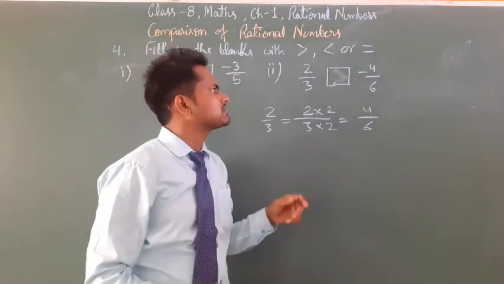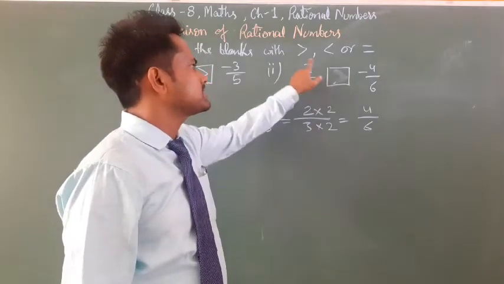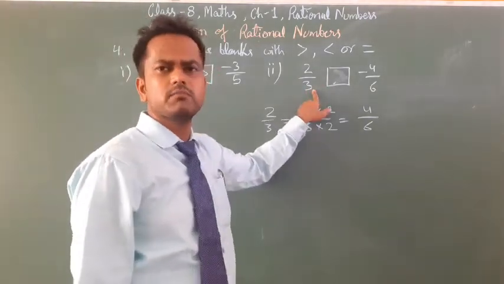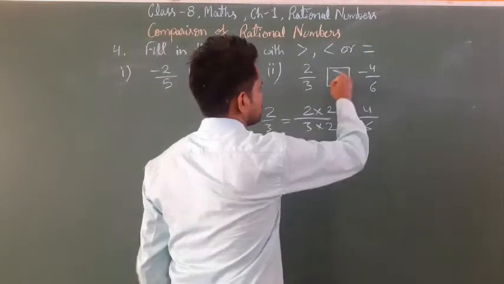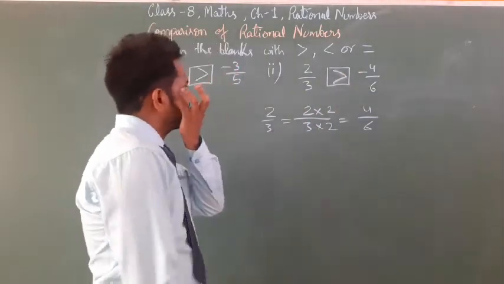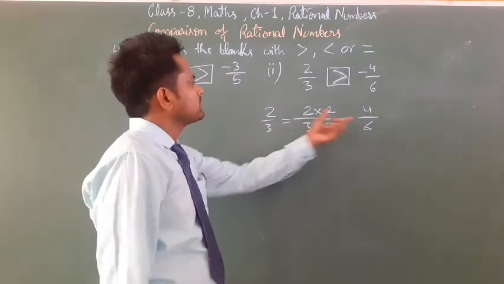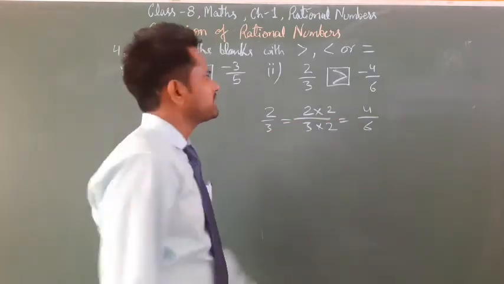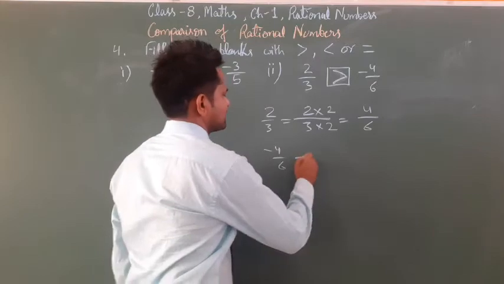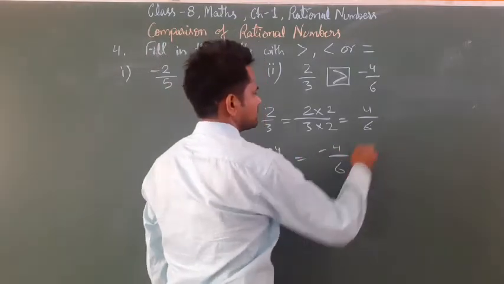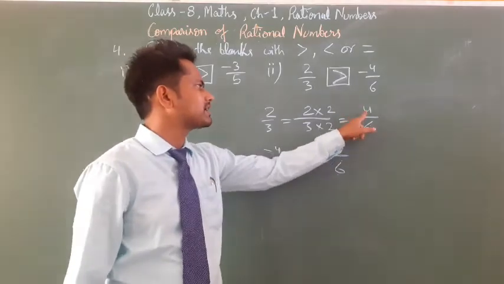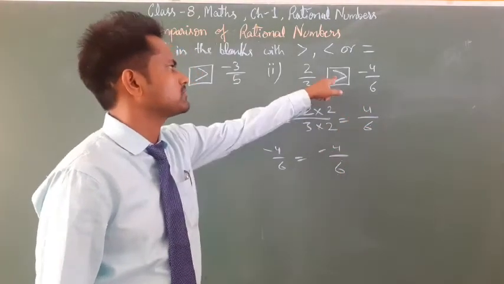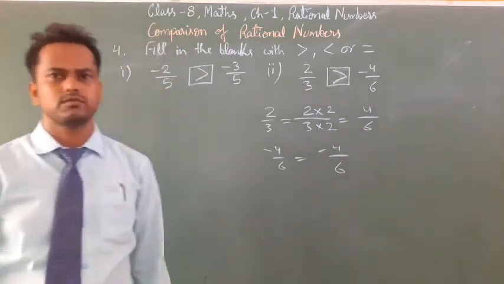It doesn't matter, this is a positive rational number, and you know a positive rational number is always greater than a negative one. So that is right. And 2 by 3 can be written as 4 by 6, and minus 4 by 6 stays minus 4 by 6. Here the denominators are the same. So clearly 4 is greater than minus 4. So that's why this sign is true.